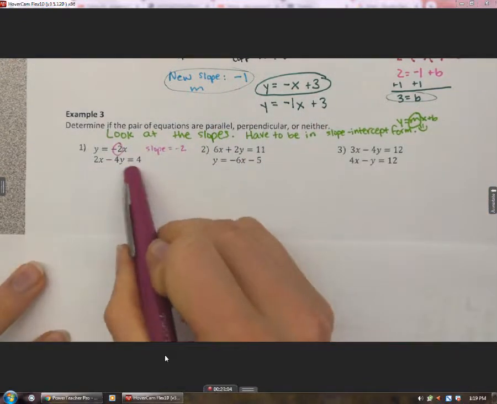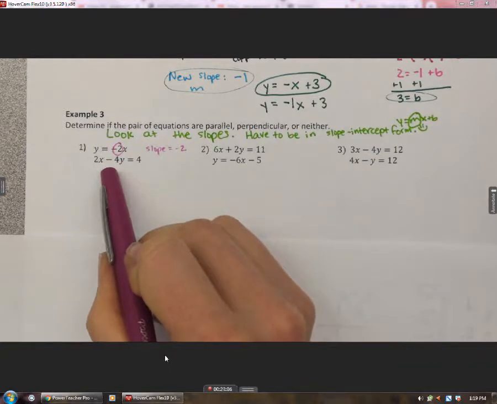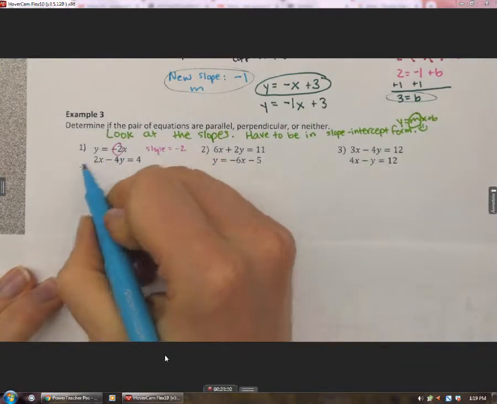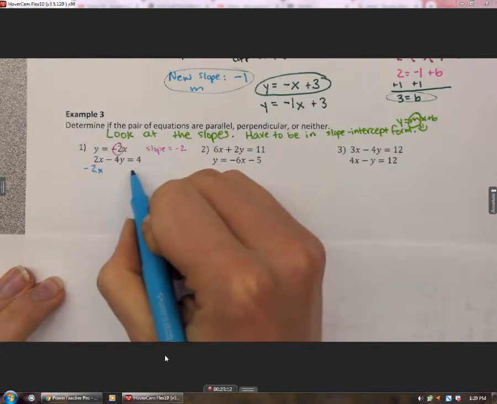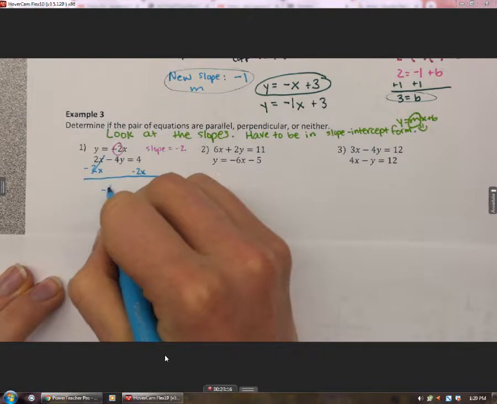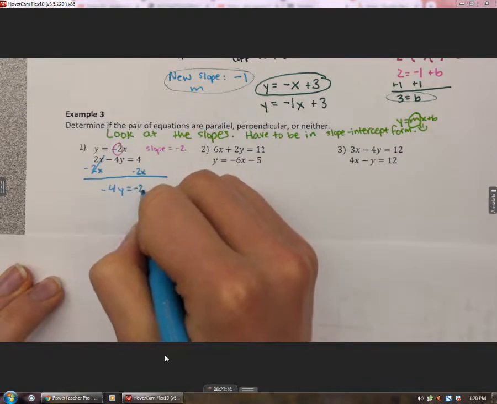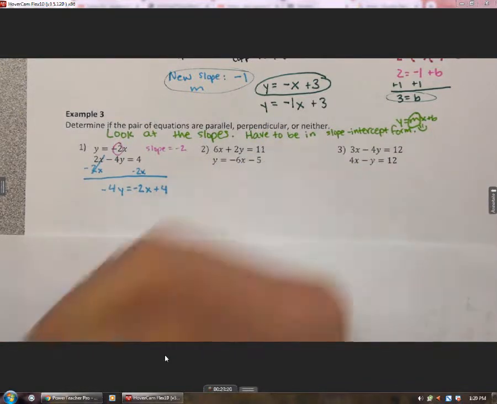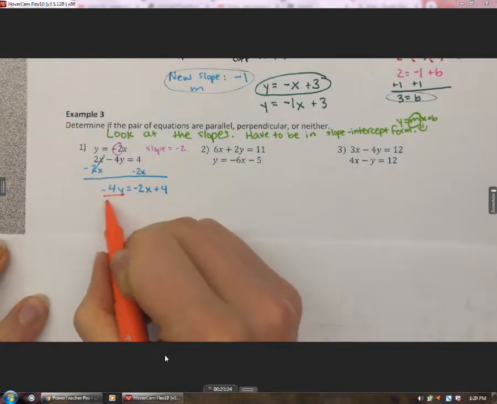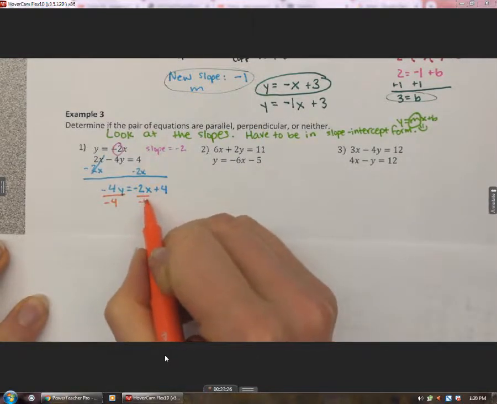Now let's look at this equation. We don't actually know what the slope is. It's not in y equals mx plus b. We need to get y by itself, so we can subtract 2x. This is what we used yesterday. So we get -4y equals -2x plus 4. To get y by itself, we're dividing all three of these by -4.